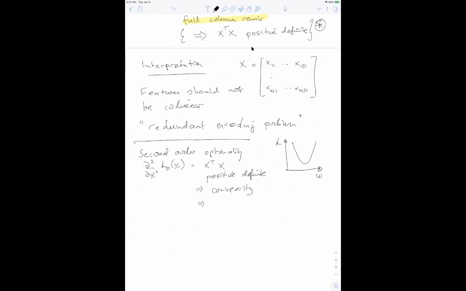And that tells us that what might have only been a local minimum is actually a global minimum.